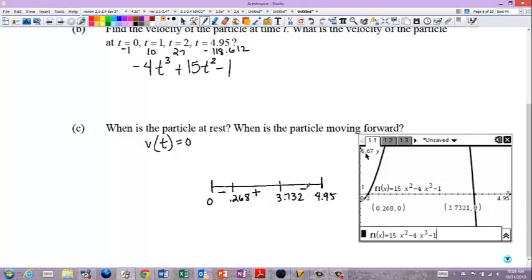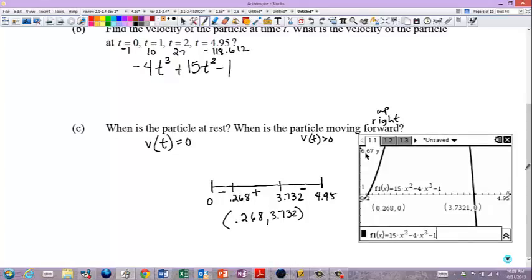Forward in this problem equates to right or up. That's another way that AP phrases things. When you see right, up, or forward, that's when velocity is positive. If you see left, down, backwards, that's when velocity is negative. So my particle is moving forward from 0.268 to 3.732.